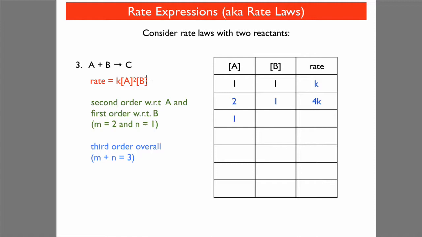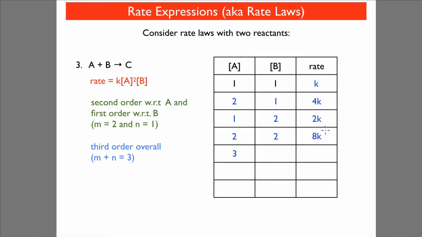Here we've got 1 squared multiplied by 2 to the power of 1, which is just 2, gives us 2k. 2 squared, 4, multiplied by 2 to the power of 1, which is 2, it's going to give us 8k. So if you double A and double B, the overall rate is times 8.